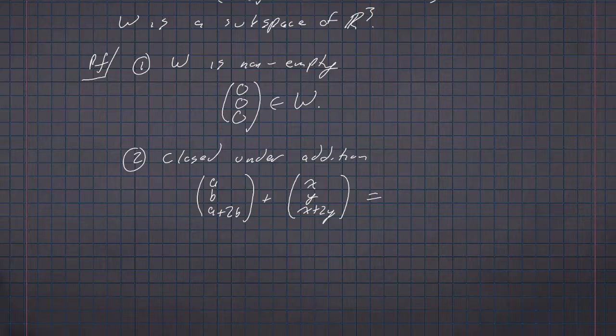Well, using the properties of vector addition for the Euclidean vectors, we get a plus x, we get b plus y, we get a plus 2b plus x plus 2y.